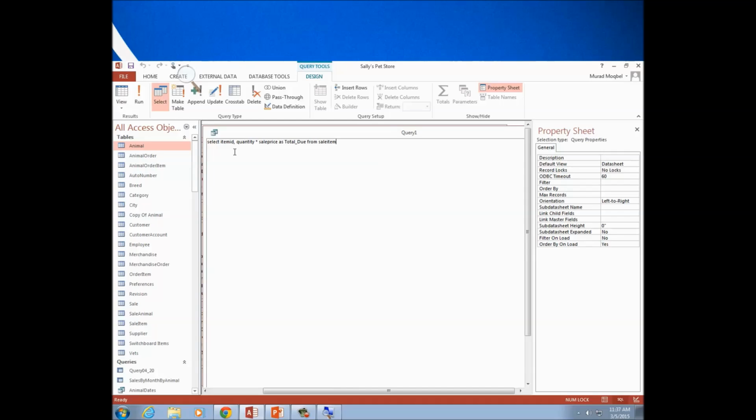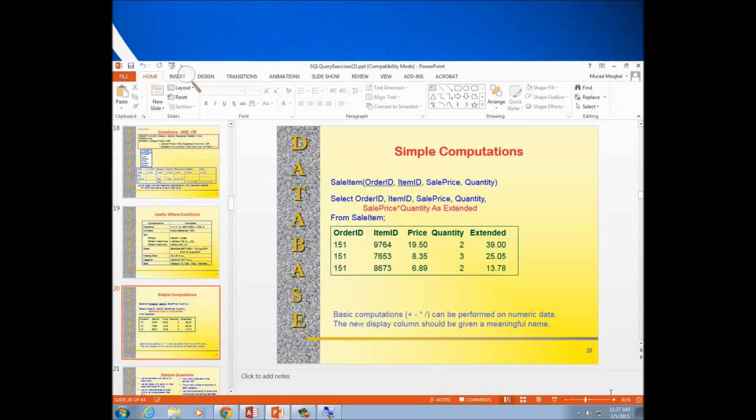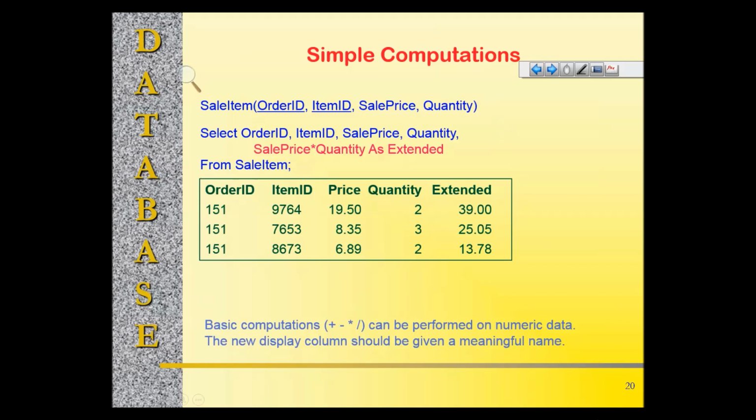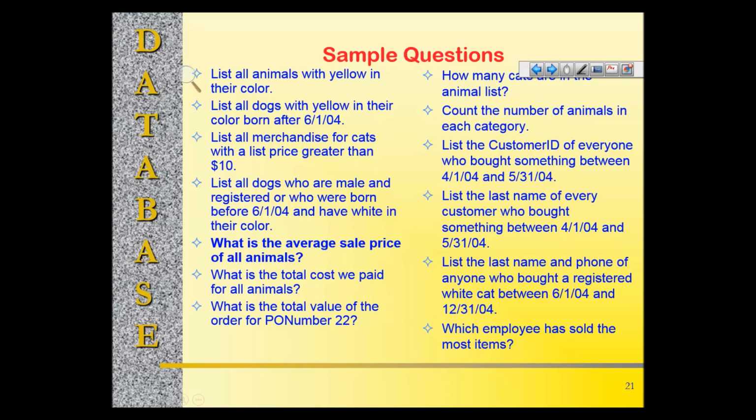So now the idea behind this is to create a new column that is calculating some value for us. Now let's look at this question that we need to answer from the sample questions. Looking at that example, I will ask each one of you to try it yourself, and then we will see what the answer will be.